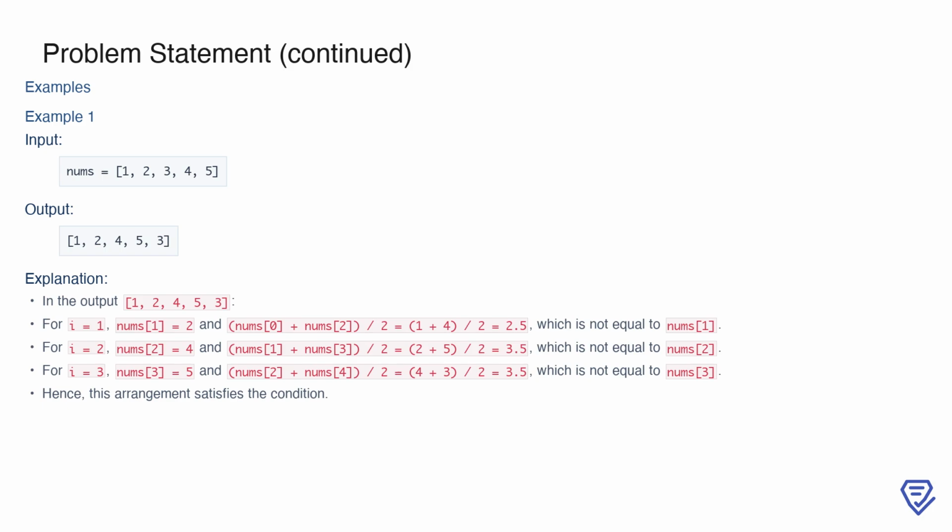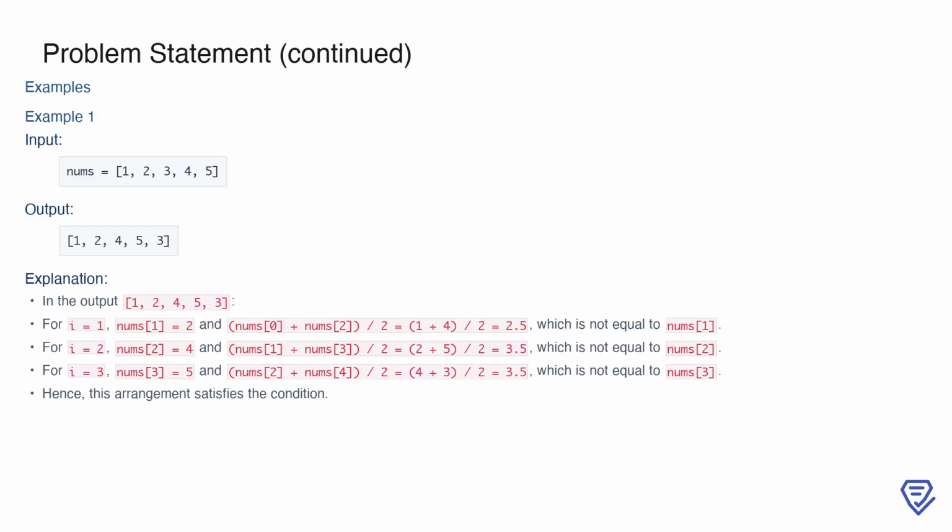Suppose the input array is [1, 2, 3, 4, 5]. A valid output is [1, 2, 4, 5, 3]. Here's why: for index i equals 1, the value at nums[1] is 2. The average of its neighbors, (nums[0] + nums[2])/2, is (1 + 4)/2 equals 2.5, which is not equal to 2. For index i equals 2, the value at nums[2] is 4.